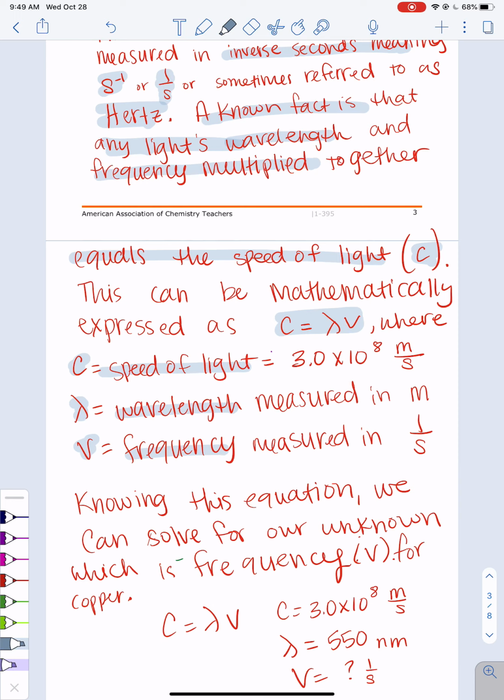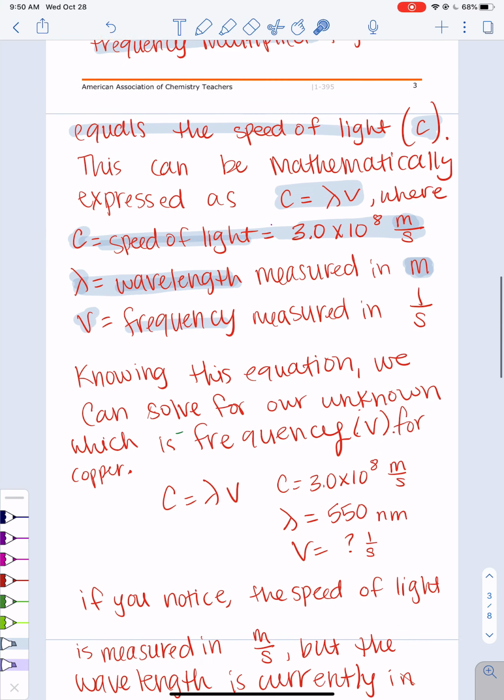Now again, the speed of light, c, is equal to 3 times 10 to the 8th meters per second. Wavelength is different for every color, so it will change, but it will always need to be measured in meters so that these meters can match these meters. And then frequency is measured in inverse seconds, 1 over s.